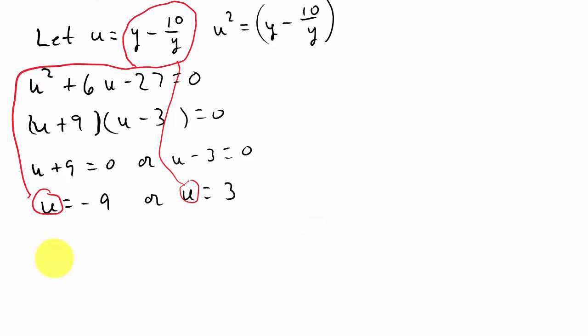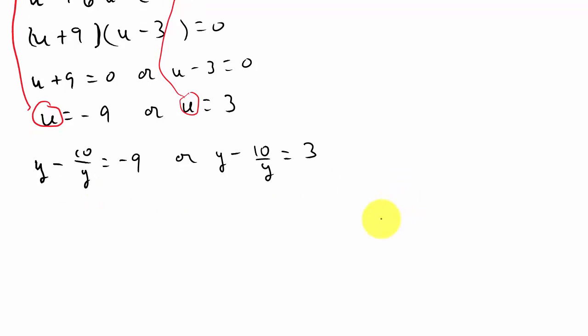Alright, so I've got y minus 10 over y equals negative 9, or y minus 10 over y equals 3.